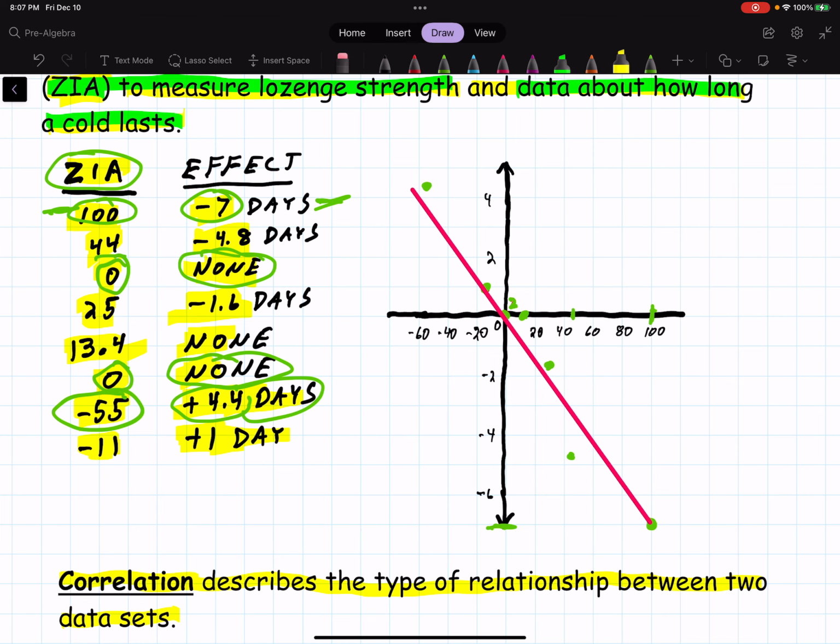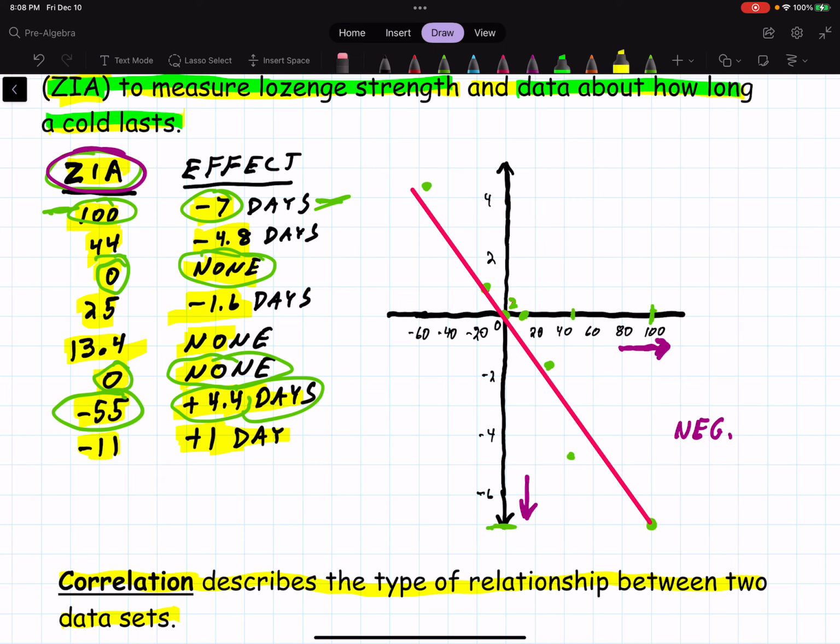Well, this looks like it's a negative correlation, because as we move up the scale of the Zia factor, we're moving down the scale of how long our cold lasts. So as one's going up, the other one's going down. And that's a negative correlation.